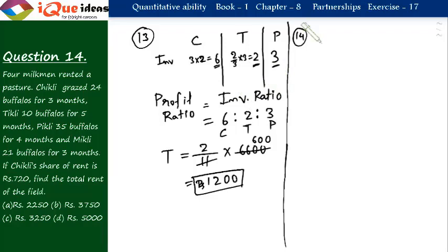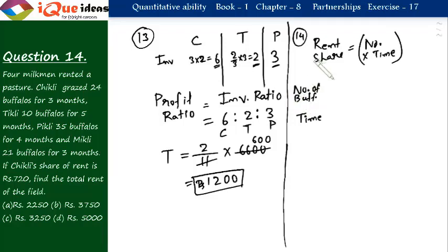So the way we did investment share and profit share, similarly the rent share is equal to number of buffaloes into time, right? So the ratio will be calculated from there. I'll put the number of buffaloes and time for each one of them.